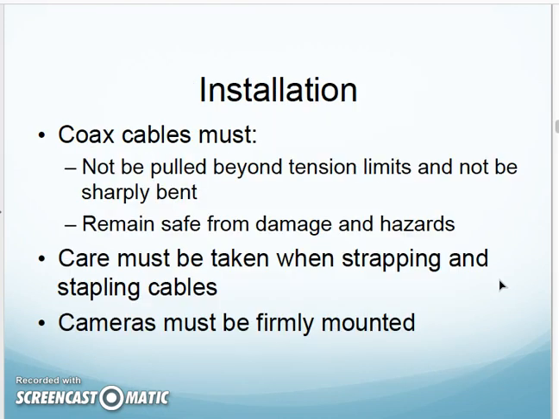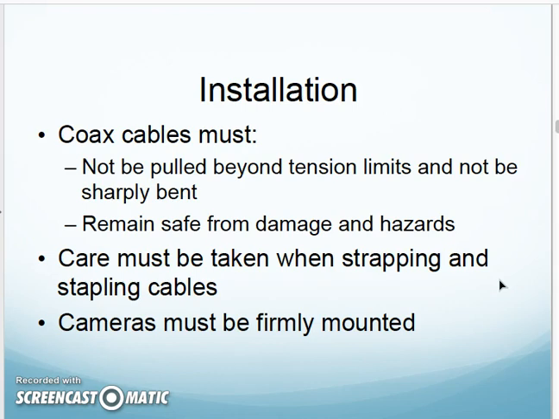For installation, they remind us that if we're installing coax cable, it should not be pulled beyond the tension limits and not bent sharply. This is the same thing we talked about with twisted pair. If I pull on a cable too much, I start affecting the inside structure. So as I'm pulling, one person's installing it, the other one's guiding it out of the box or off the spool.